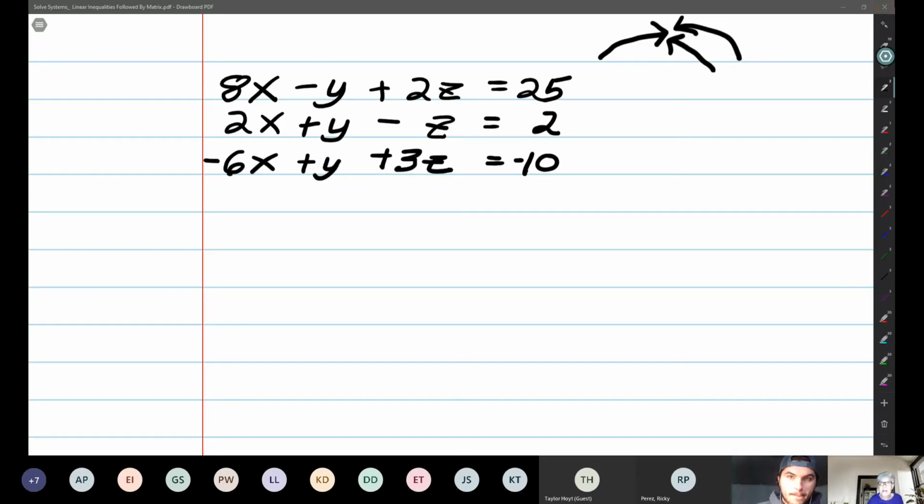And I am going to make a matrix out of this. How you make a matrix out of 3 lines in 3-dimensional space is you take the coefficients.